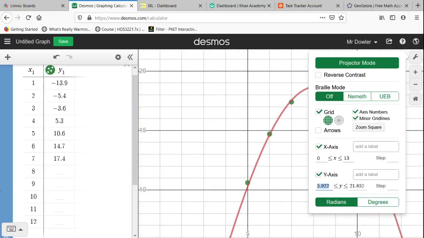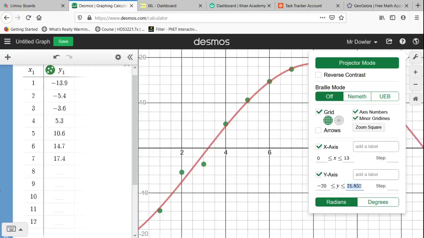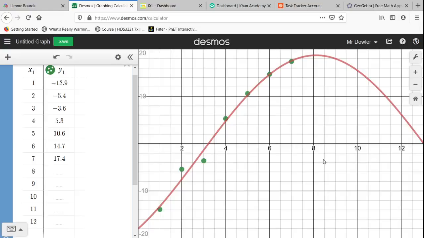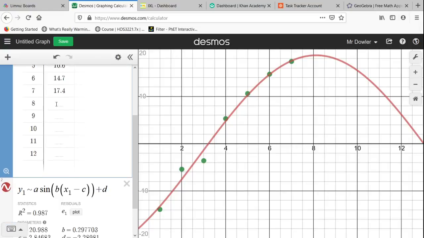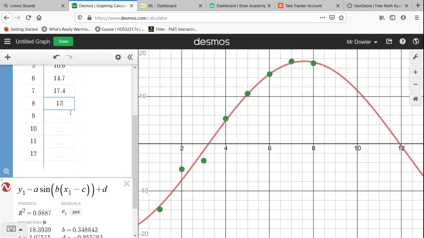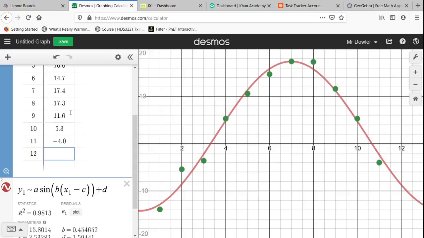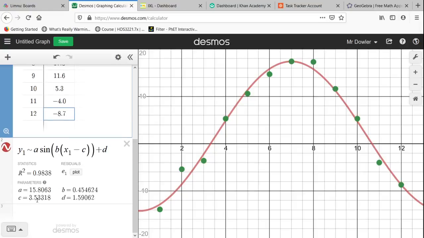Looking at our data, there's our y-axis. As we enter more data, we enter in the 17.3 for August. Each data point we enter, we can see the curve shifting a little bit as the new data comes in and is taken into account in the regression. So here is our full year regression.